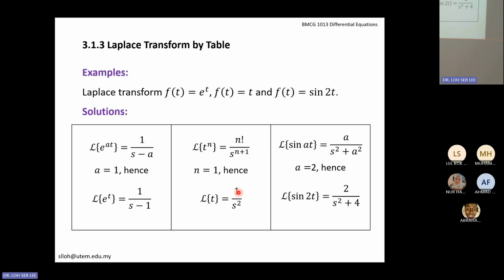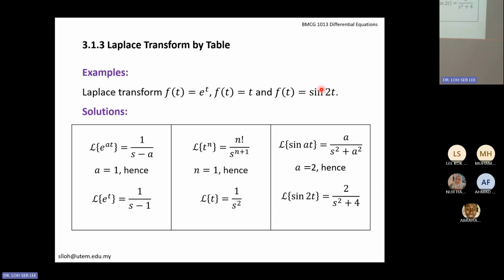You can use your calculator to get the value of the factorial. Factorial means 3 factorial is 3 times 2 times 1, and 4 factorial is 4 times 3 times 2 times 1.